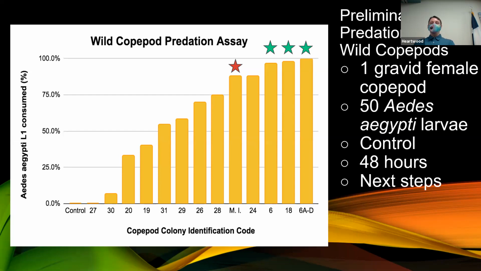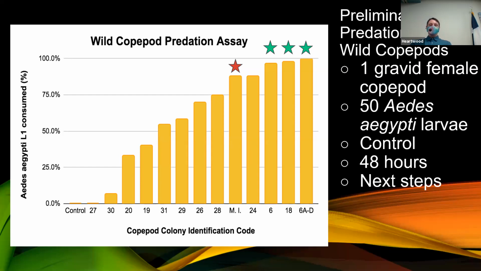We designed a preliminary predation assay in which we take a single gravid female from our individual colonies and add her to a well with 50 freshly hatched Aedes larvae, and then give them 48 hours. There's also a control pod where there are no copepods present. After 48 hours, we count how many were remaining and how many have been eaten, presumably.